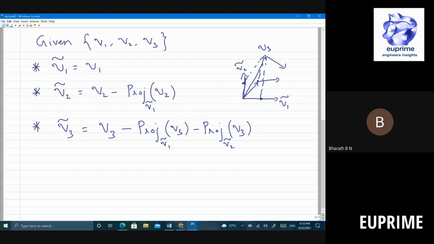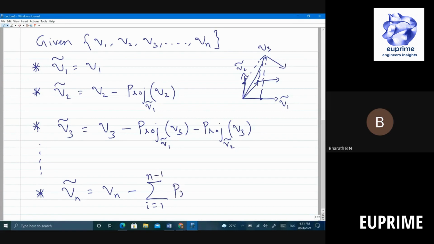So how do you generalize this as Gram-Schmidt's? Now I can just do this, right? Suppose I have Vn, okay. So what happens to Vn tilde, which is Vn minus the sum of all the projections, right? I'll sum from i equal to 1 to n minus 1, because I have v2 tilde for v3.